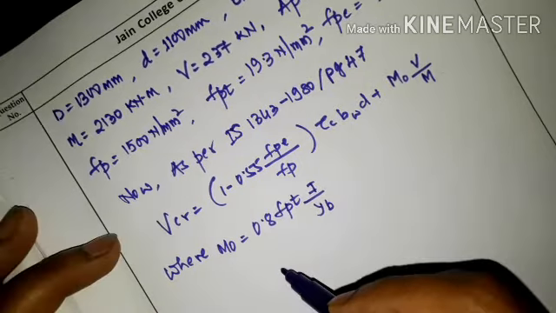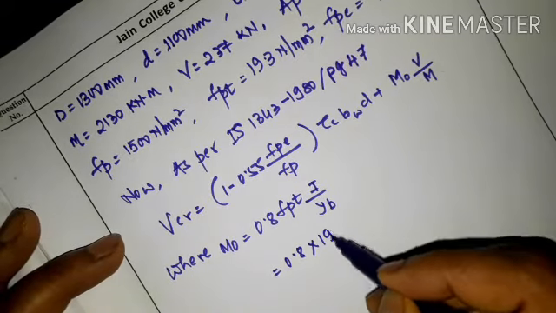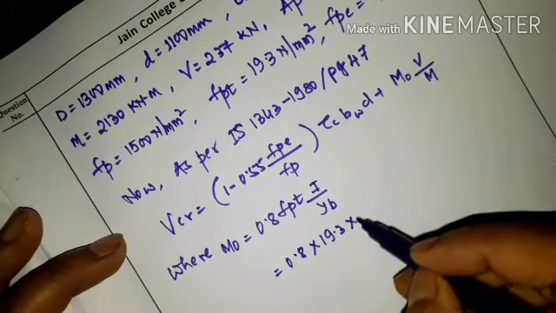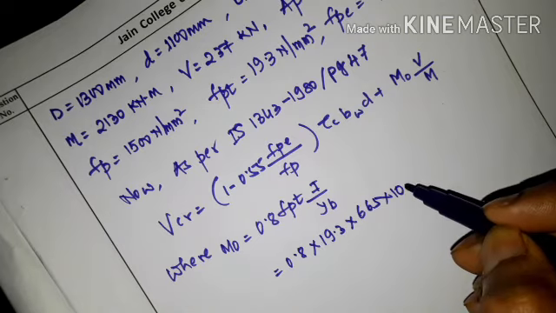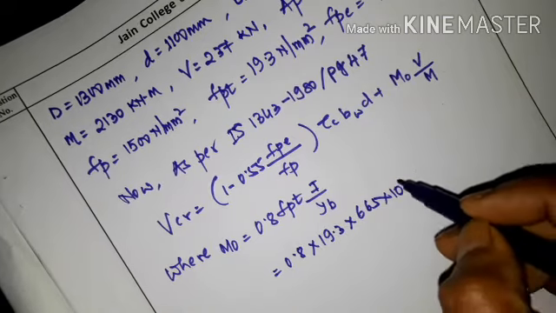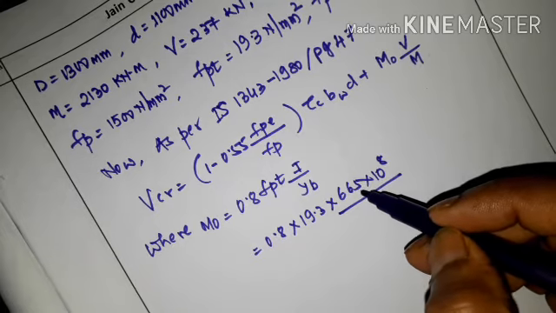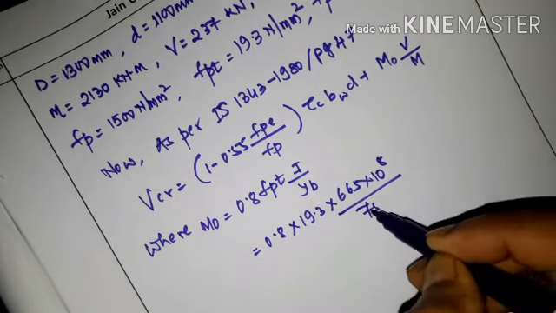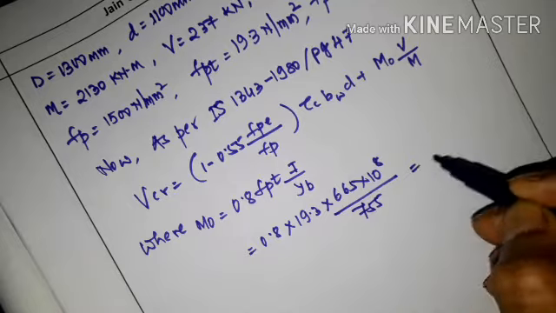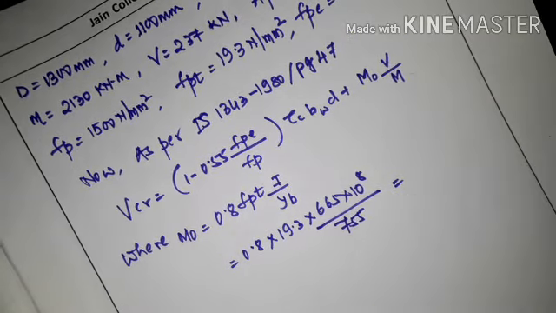So 0.8 fpt is given as 19.3, I is 665 into 10 raised to 8, the moment of inertia is also given, divided by yb from the bottom. yb, that is the distance of the centroid from the bottom fiber, is given as 755. So we will get this value as, I'll just check.